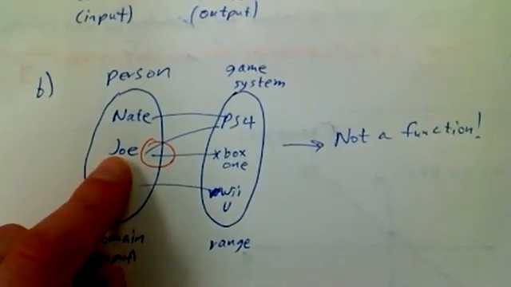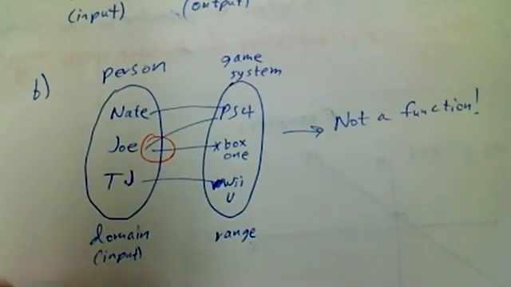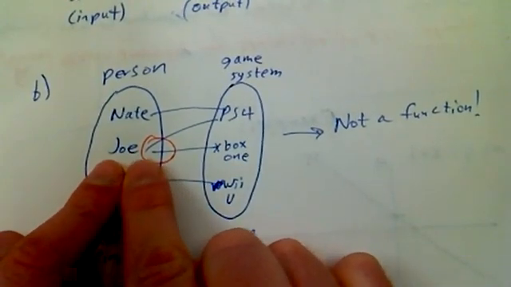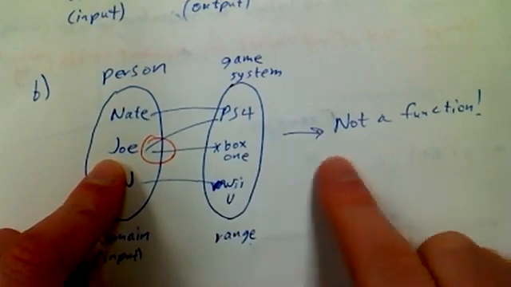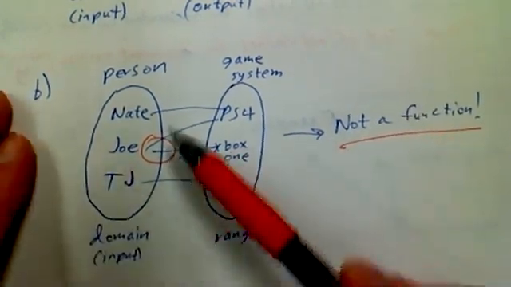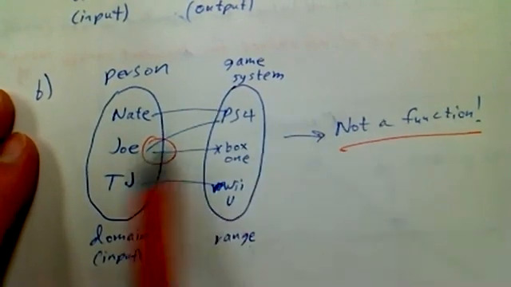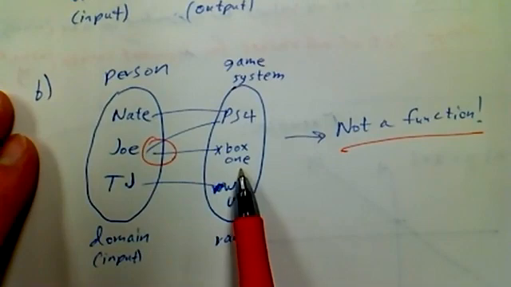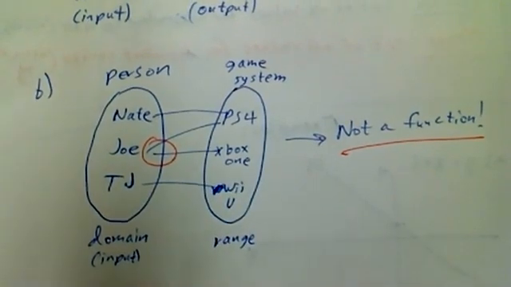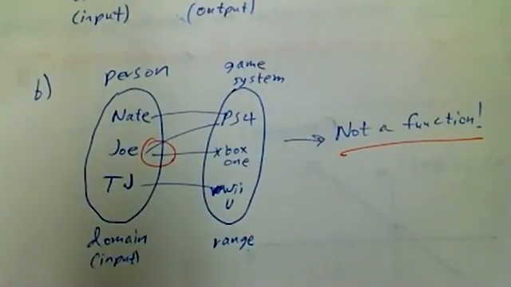And Joe, he really likes his games, so he has a PS4 and an Xbox One. Because Joe maps to two systems, this is not a function, okay? So for it to be a function, everything in your domain, your inputs, have to give you exactly one output. Joe gives me two outputs. So if you say Joe, well, I don't know if the answer is PS4 or Xbox One, okay? So that's the idea behind not a function.